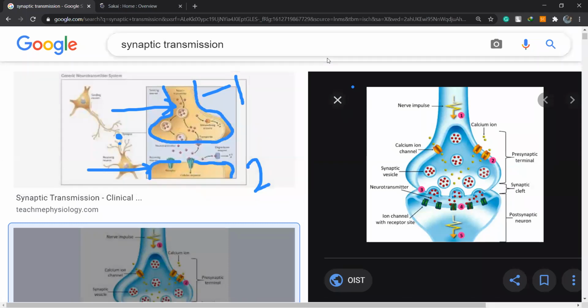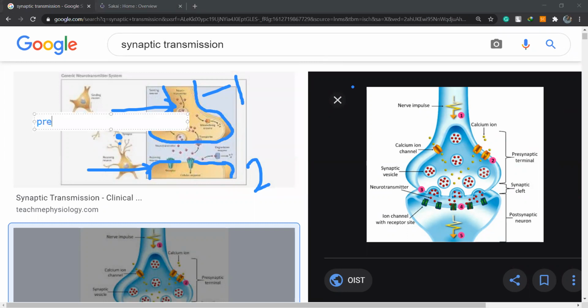The first neuron, the one that has the terminal button, is mostly called the presynaptic terminal.